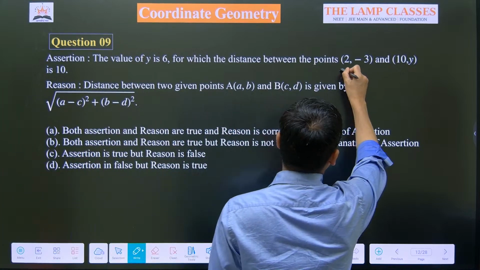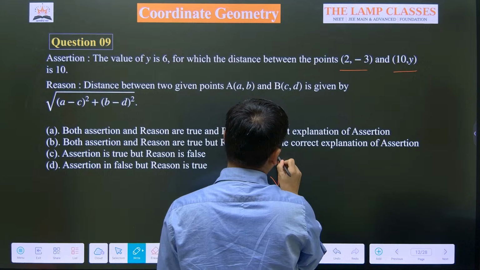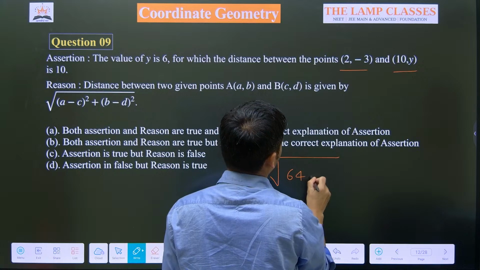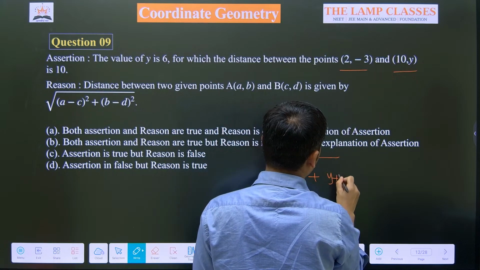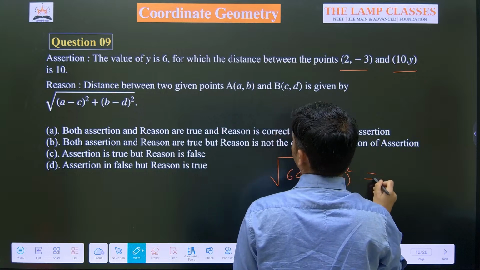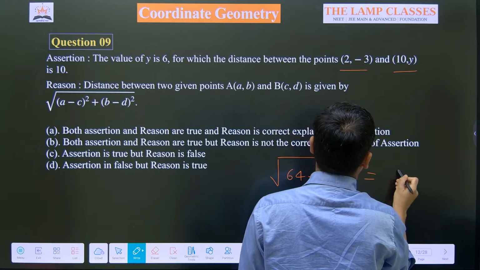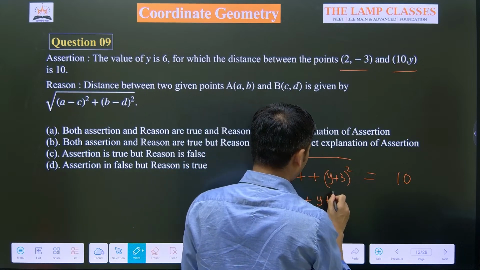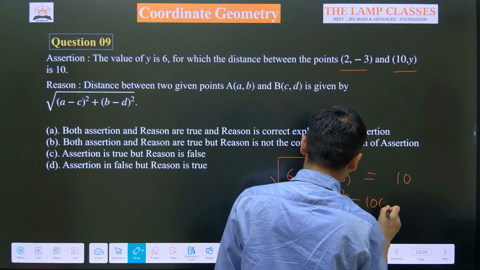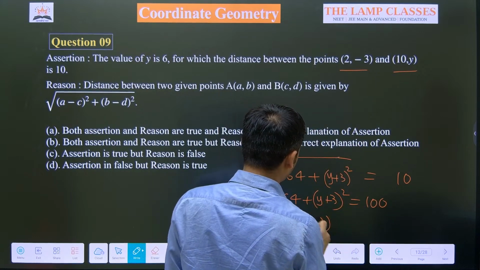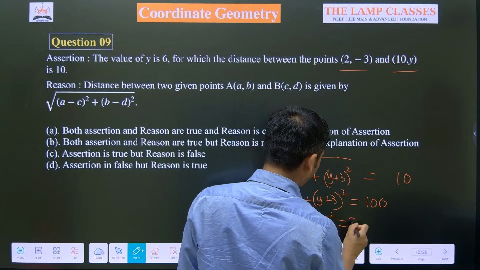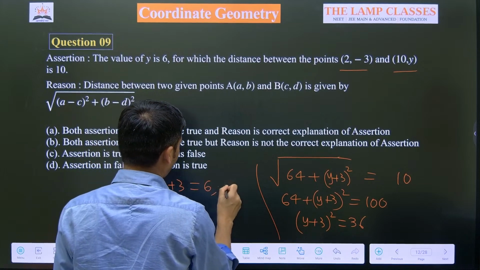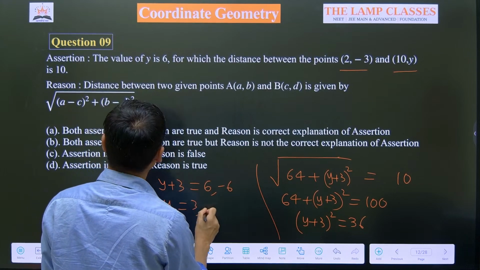So equate the distance between this point and this point. If I apply the distance formula, root under (10 minus 2) is 8, 8 square, we can write 64 directly, plus (y plus 3) the whole square. That is given actually as 10. You can square it, na? So 64 plus (y plus 3) the whole square is actually 100. So (y plus 3) the whole square is actually 100 minus 64, 36. So you can say y plus 3 can be 6 or minus 6, right? y will be 3 and minus 9.